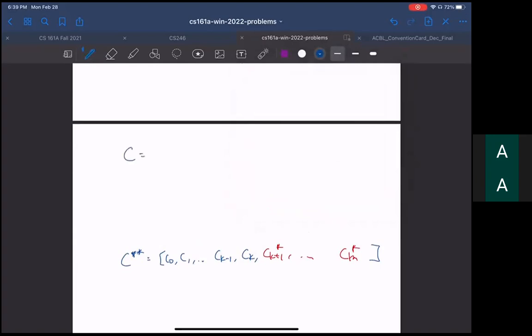The old one, C star, was C0 through Ck-1, and then Ck star, C(k+1) star to Cm star. All right, so we know that C star is valid.